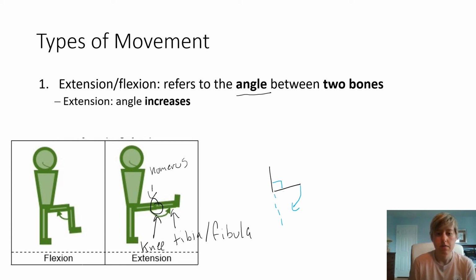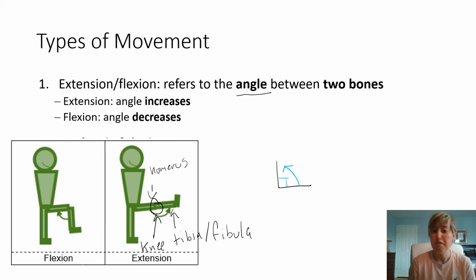In flexion, if I'm starting at a 90-degree angle, and my leg, so my tibia and fibula, are going towards the humerus, in a tucked position, and then moving to a 0-degree angle, this would be decreasing the angle between the 2 bones, and this would be flexion. So in flexion, my angle is getting smaller, and in extension, the angle is getting bigger.